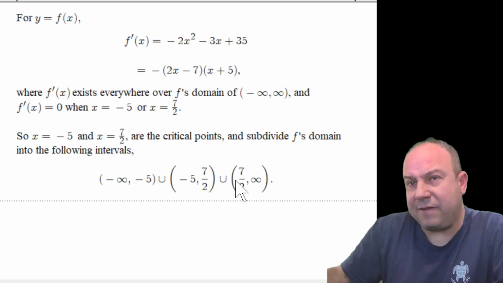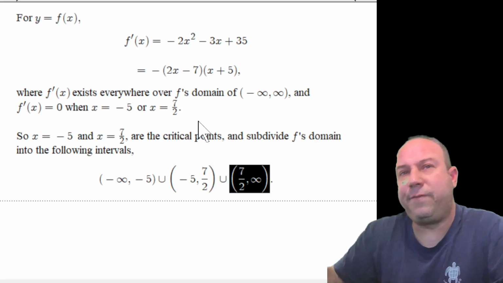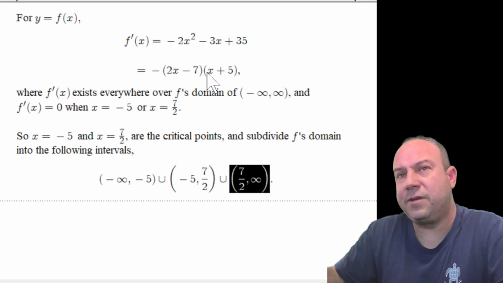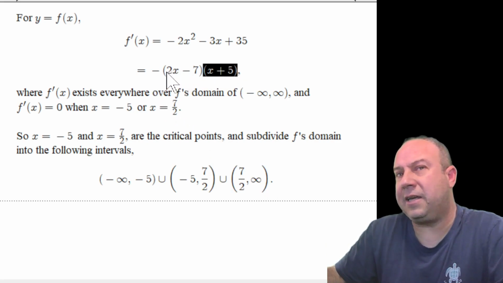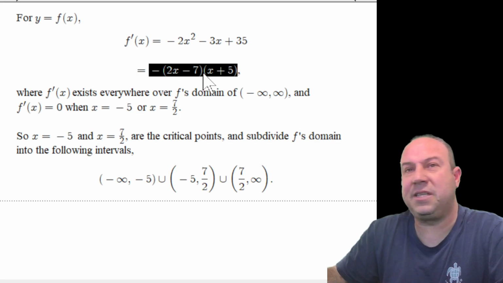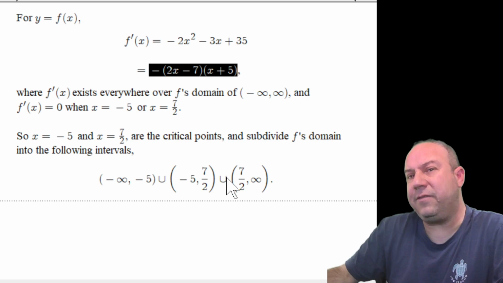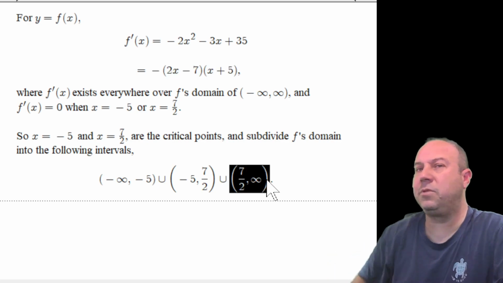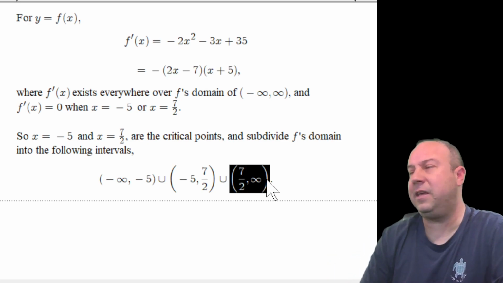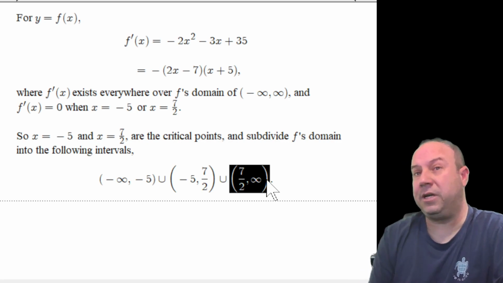And 7 halves is at 3.5. So if we take a number like 4 and substitute it in here, notice this will be positive 9. This will be positive 1. So positive 1 times 9 is 9, but then times the negative would revert to negative 9 again. Well, that negative number is less than 0, so the slope would be negative in that interval, 7 halves to infinity, so we must be decreasing on that interval.